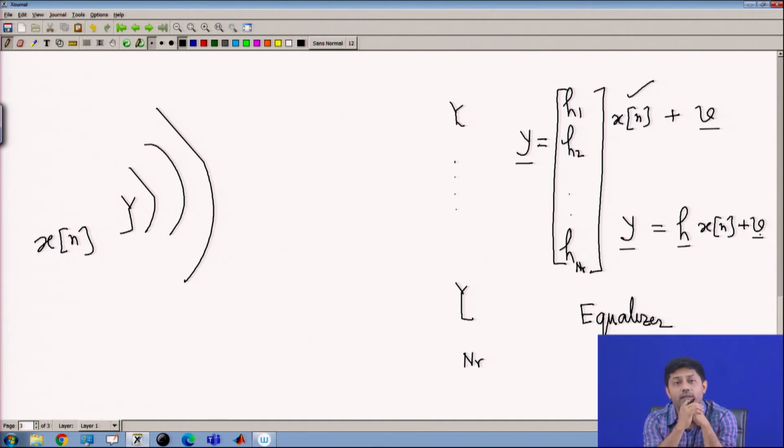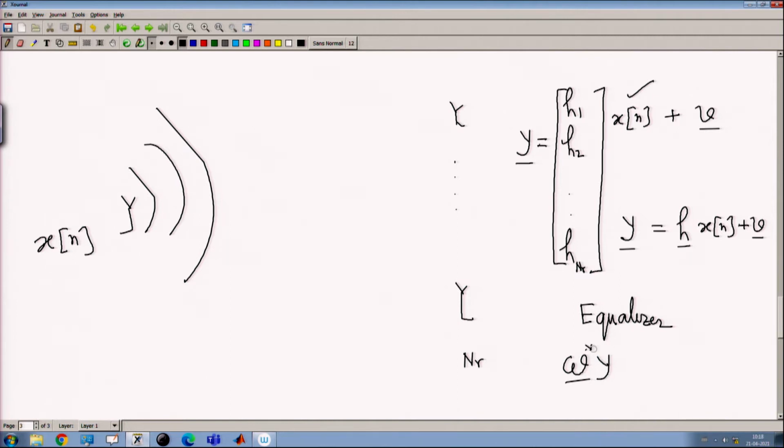Yes, there are multiple choices for equalizer like least square, zero forcing, MRC, MMSE, LMMSE, whatever. So, I can find some sort of an equalizer vector W. If I multiply this with Y, then I will get back my XN. That is the way to proceed. This is one way of doing it. If you want to do an ML decoding, you can do an ML decoding.